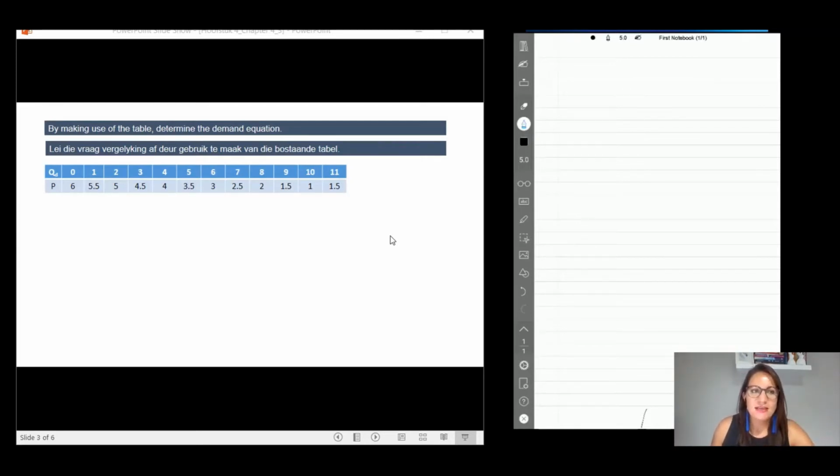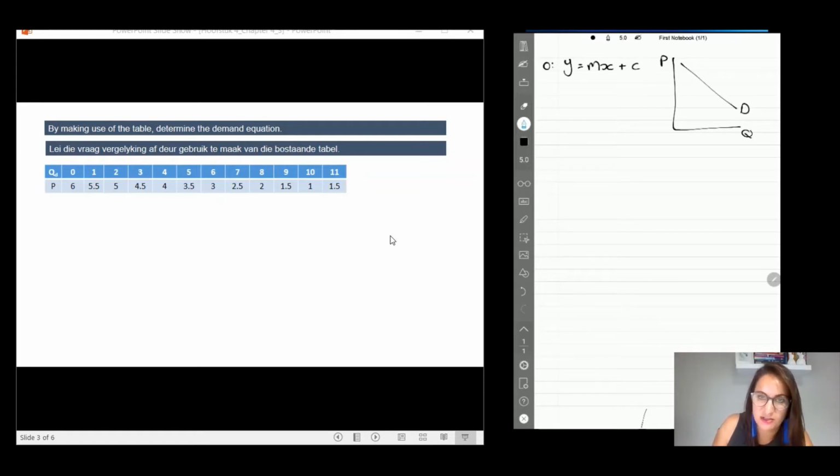So I say by making use of the table, determine the demand equation. Things that you need to remember from when you did matric mathematics: you were taught y equals mx plus c. Now we are building up on this, but I taught you that y is P and x is Q because we are working with demand.